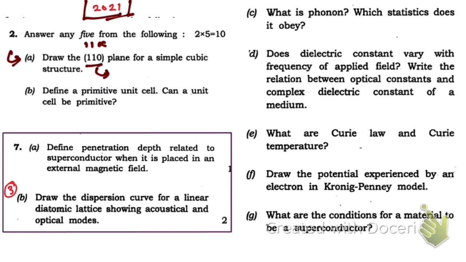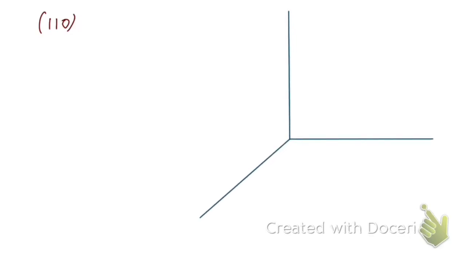Let me show you. A plane is given as 1 1 0. If you take the reciprocal, let me first draw this. Just 1 minute. This is the x y z coordinate system: this is x, this is y, this is z, and let me make the unit cell.